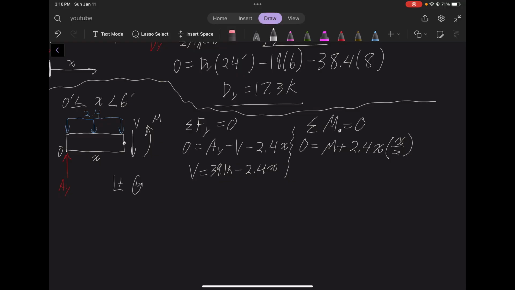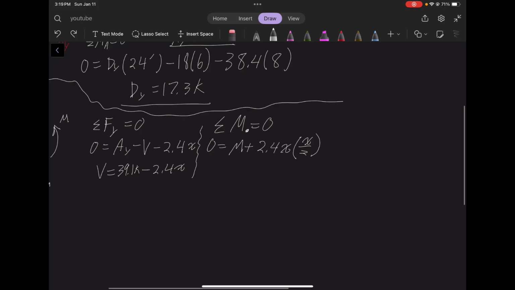This is because when you do a distributed load, you multiply this number times the base, and then you divide that by 2, and that's where the point load is on the beam. So however long x is, the resultant force for the distributed load will act at half of whatever x is. Hopefully I explained that well.